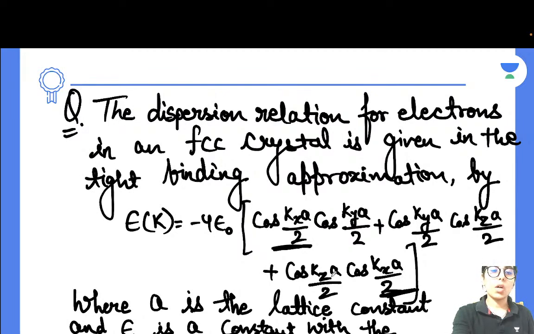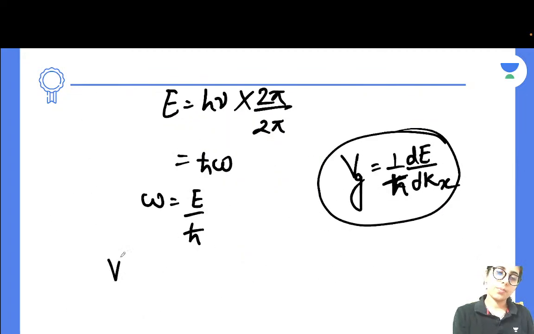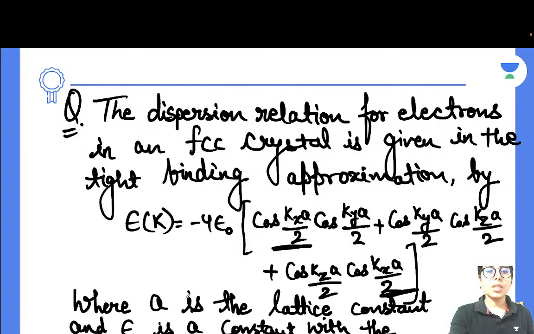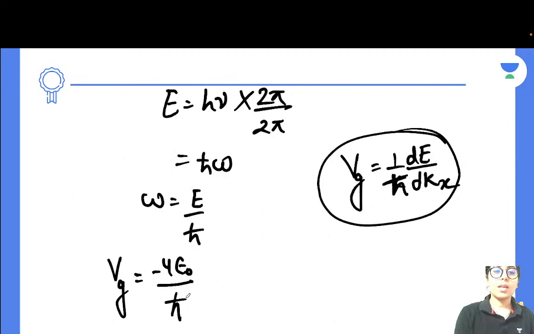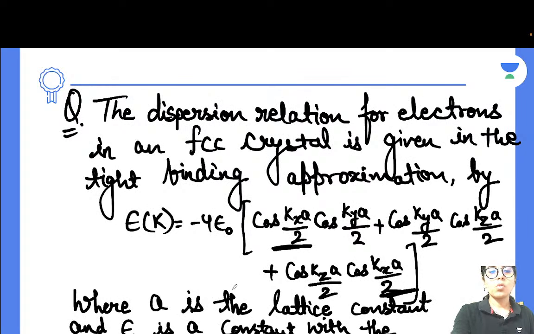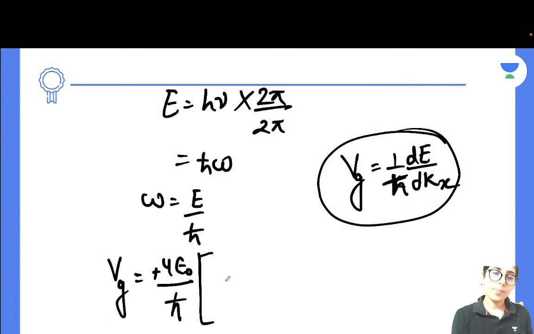Negative 4 epsilon naught over h cut as it is. Now differentiate it with respect to kx. Cos differentiation will give you negative of sine. So negative and negative will become the initial negative, and the negative you are getting after differentiation will give you a positive sign there. So I can write it to be positive, and then cos kx a over 2 will give you just a over 2, and then sine kx a over 2, right?